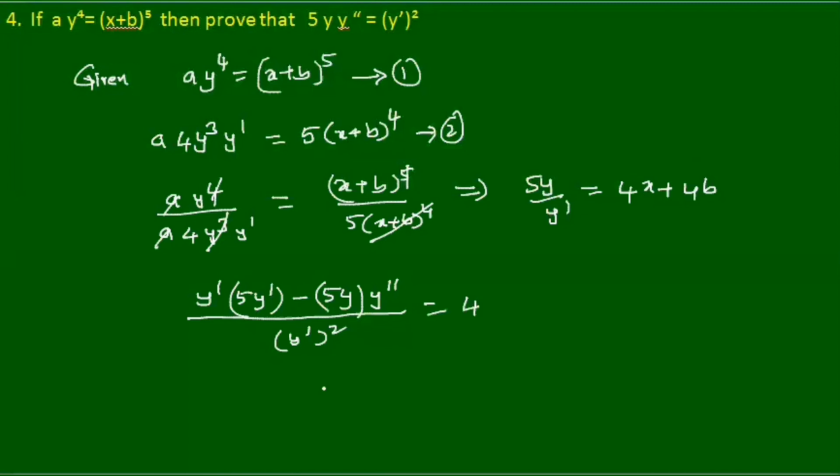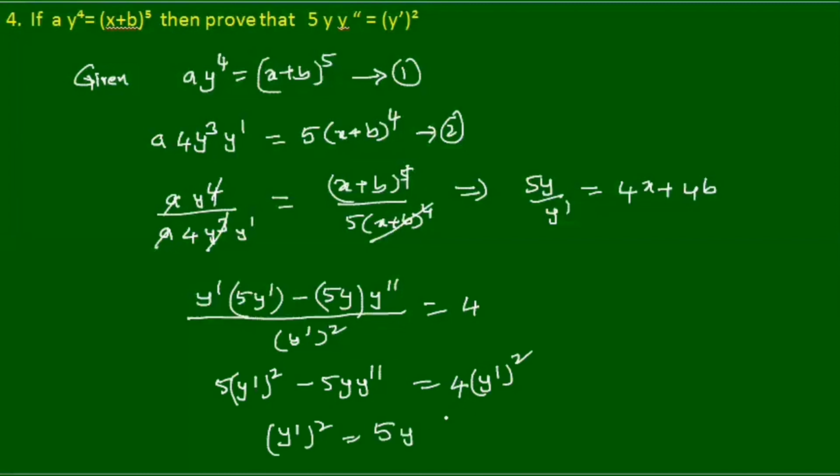Right. Cross multiply: 5y dash whole square minus 5y y double dash is equal to 4y dash whole square. Take 4y dash square to the left side and 5y y double dash to the right side. So 5y dash whole square minus 4y dash whole square is y dash whole square, is equal to 5y y double dash. That's the proof of the fourth problem.